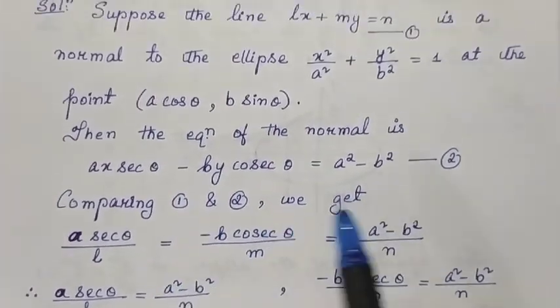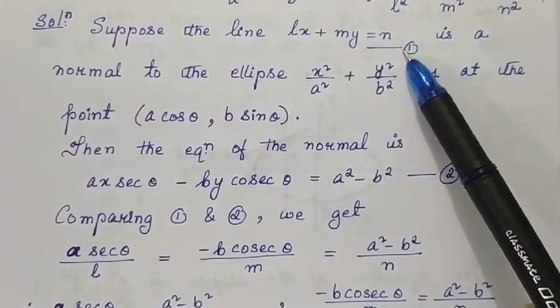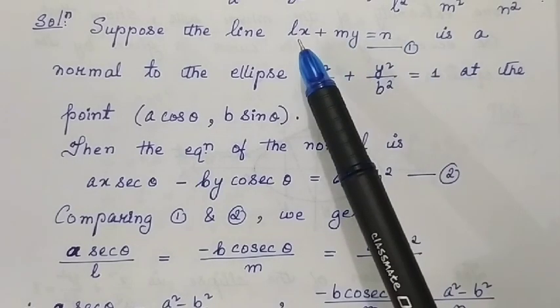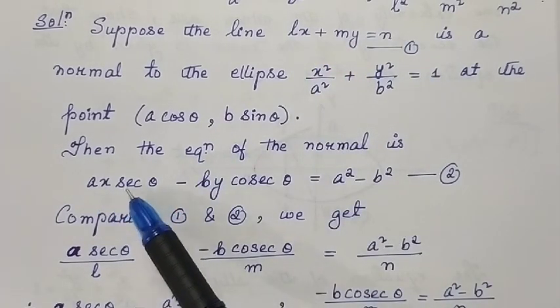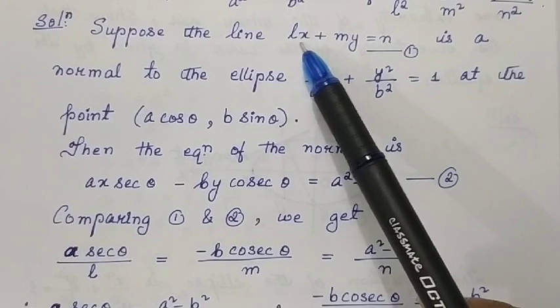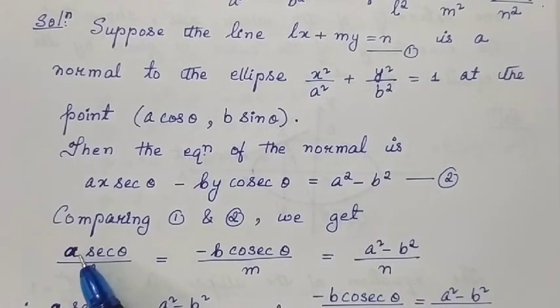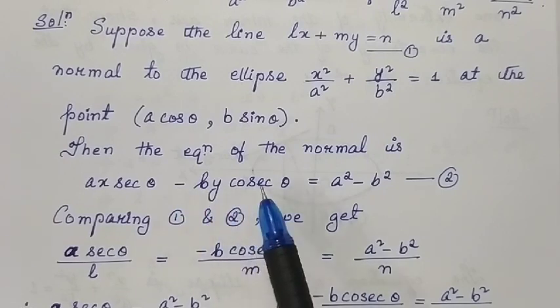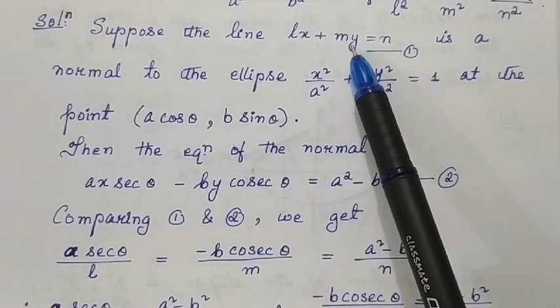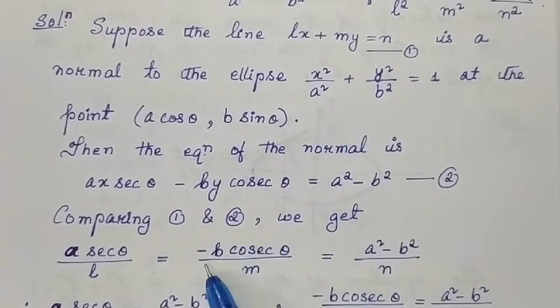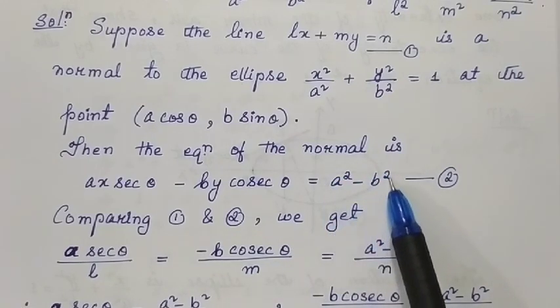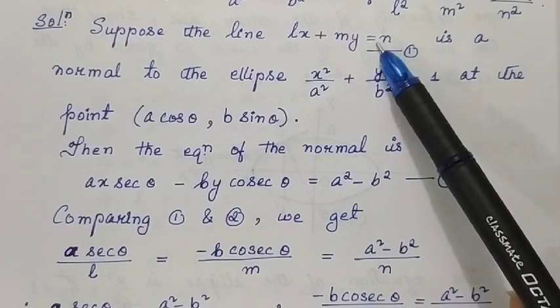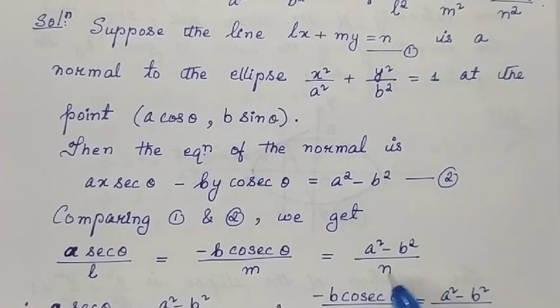Now we will compare these two equations, equation 1 and equation 2. Here with x we have a sec theta and here with x we have L, so we write a sec theta by L. Here with y we have minus b cosec theta and here with y we have m, so we write minus b cosec theta by m, and on the right side is a square minus b square by n.